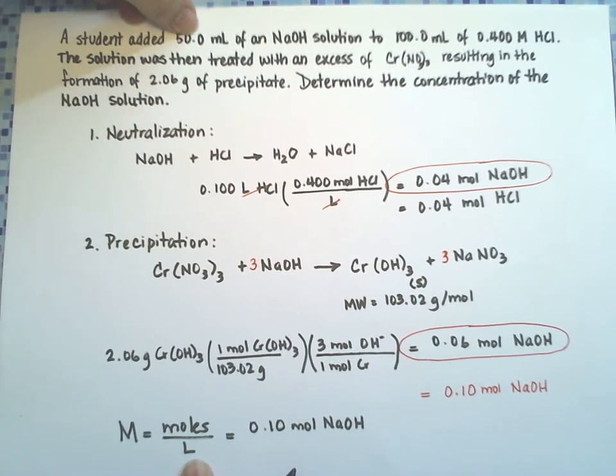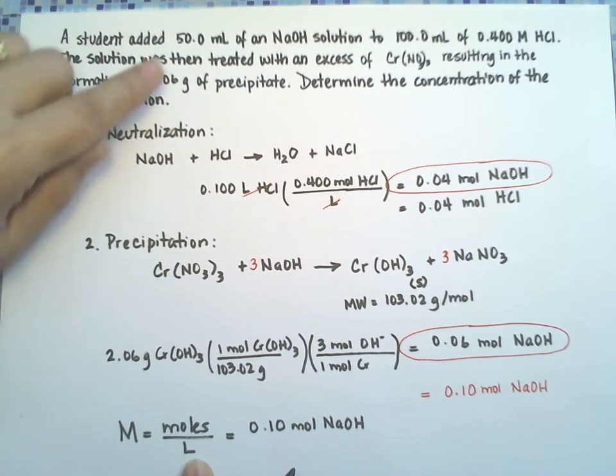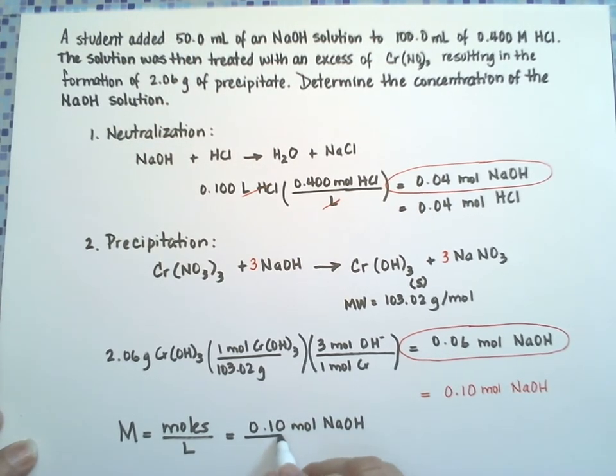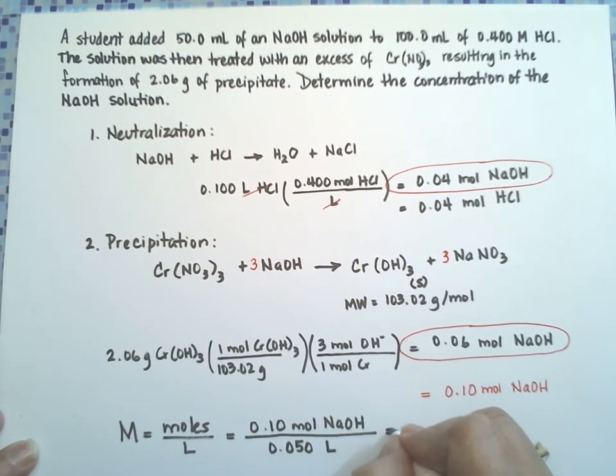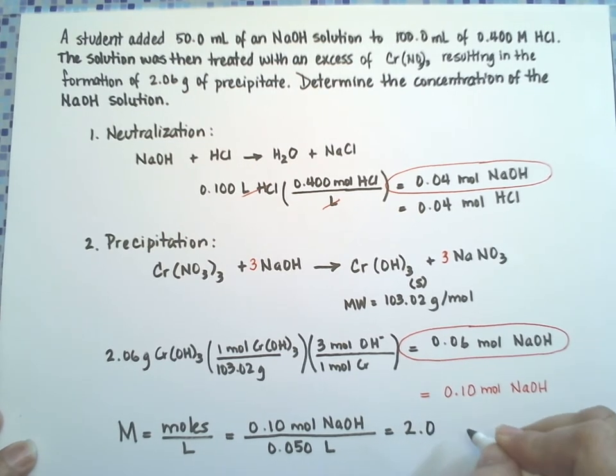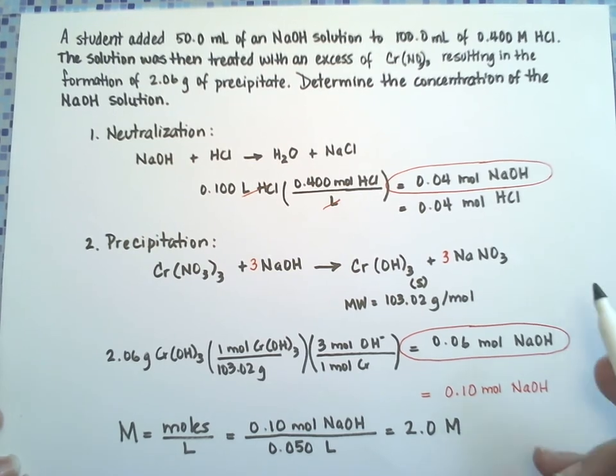If you want to convert the milliliters to liters, go ahead and divide by 1,000, or you can move the decimal point 3 spaces to the left. So that gives us liters. And it turns out that the original solution of sodium hydroxide was a 2 molar solution.